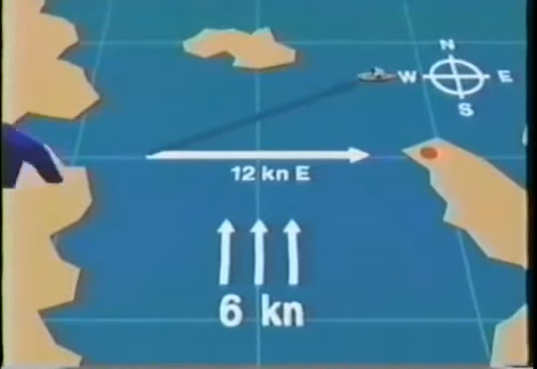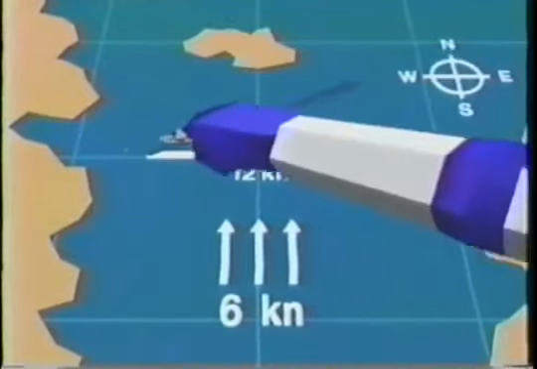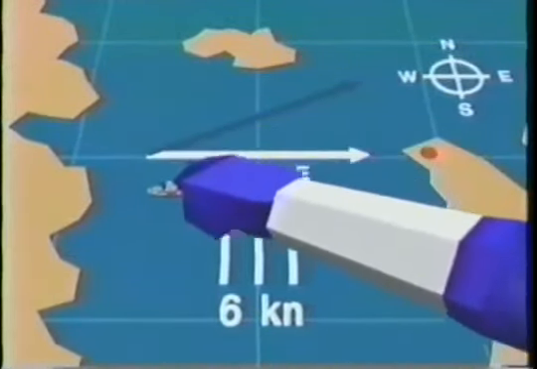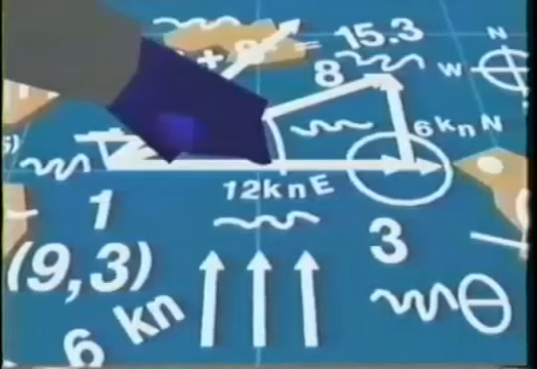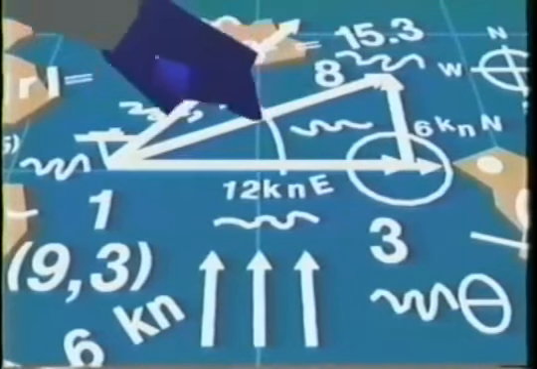So we ended up going this way instead of east. Well, I guess we should have steered more to the south to compensate for the current. Listen, Ed, I'll explain it to you. Our ship traveled at 12 knots, so we joined the horizontal vector to the initial point of the current vector and used the sine ratio to find the size of angle theta.